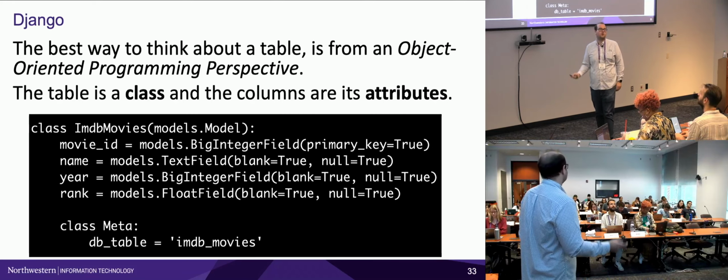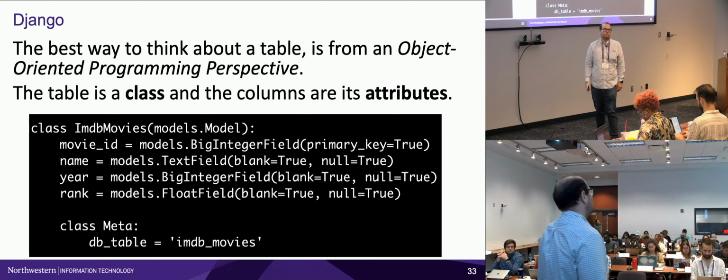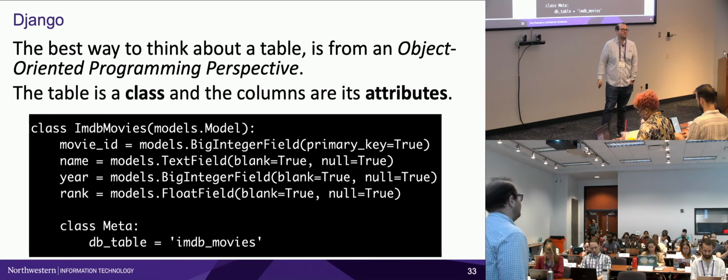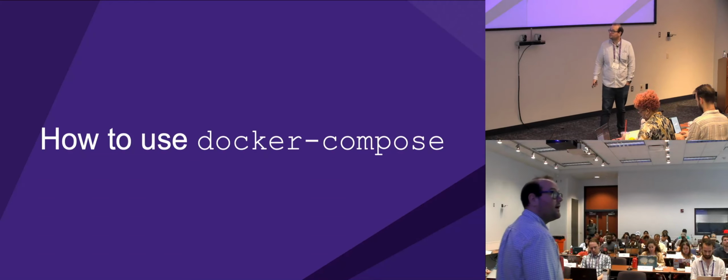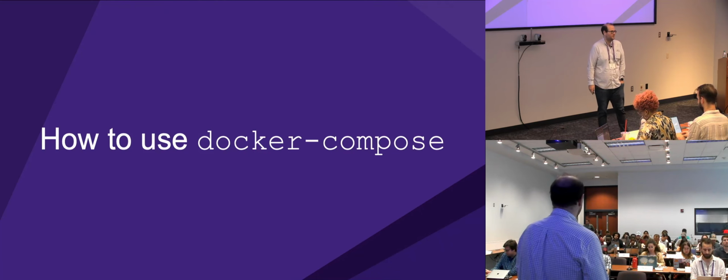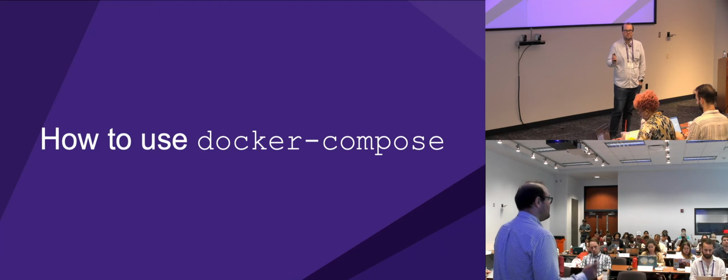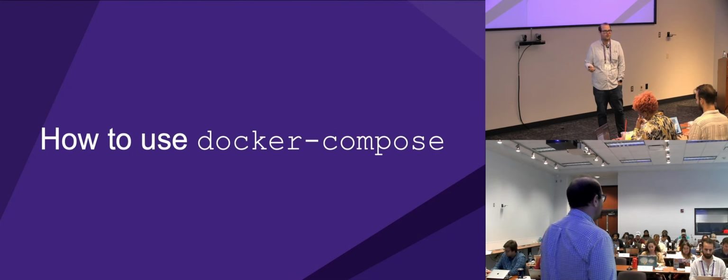And then Django does all of the work translating that class into a table that would actually go in an SQL database. And then it also allows you to perform queries, which is the exercise we will be doing after lunch. So we will be performing SQL queries, and we'll be performing queries using Django. All right, so we're at time.